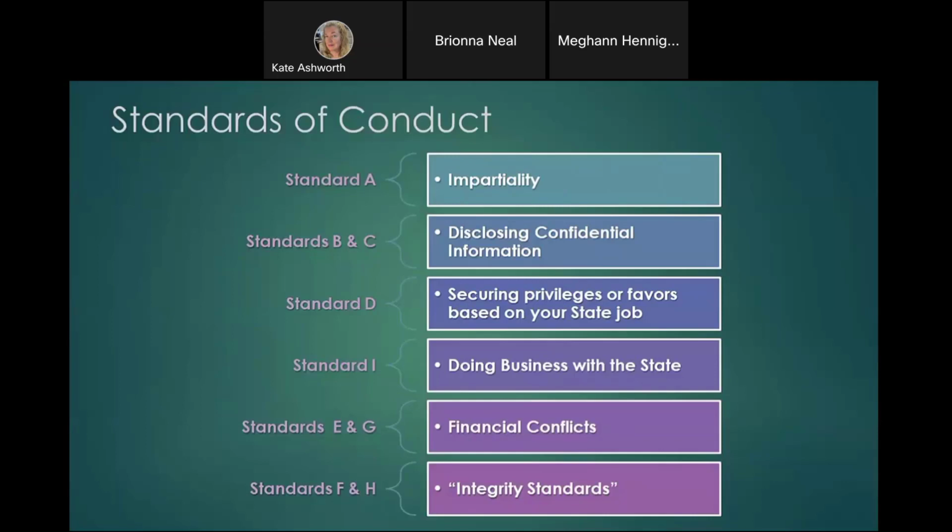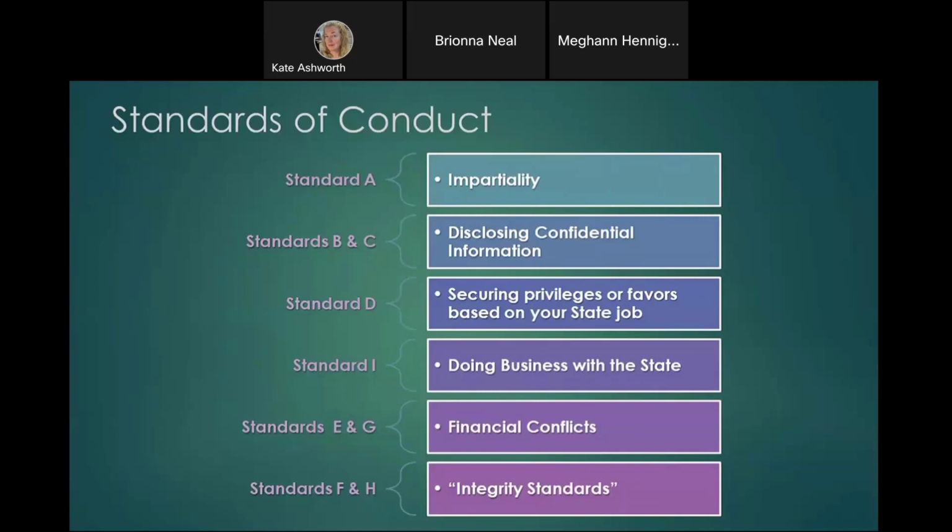Standard A is standard regarding impartiality. You cannot let your outside job impair your independence of judgment when performing your state job. Our example, you're a state employed engineer working on a contract with a private sector vendor. And as a state employee, you're responsible for making sure that vendor is adhering to your agency's contract.